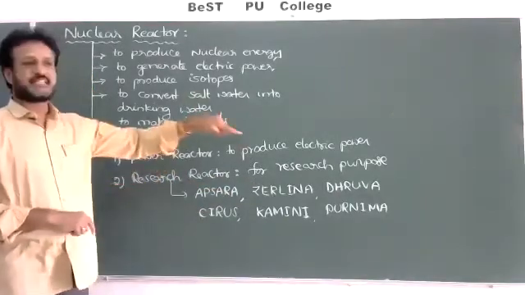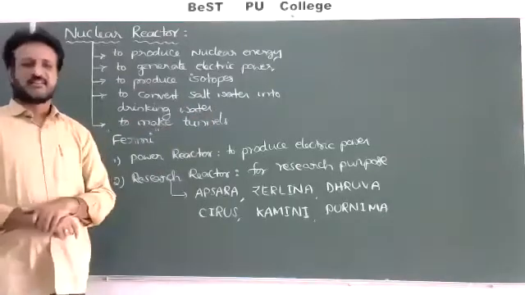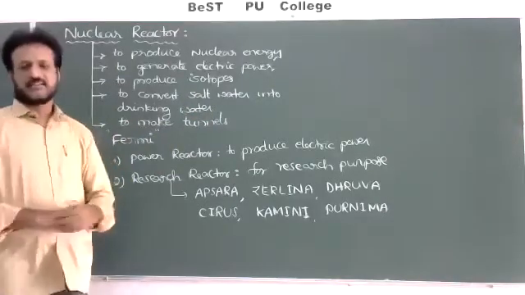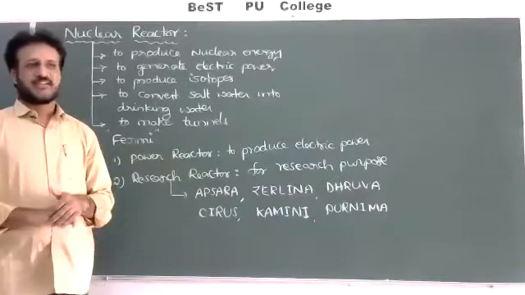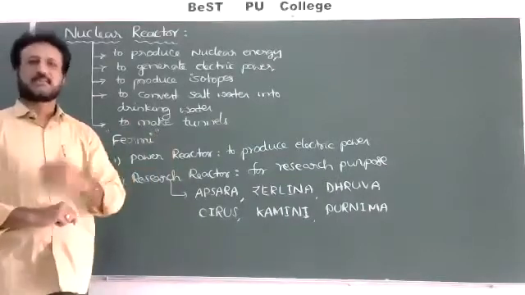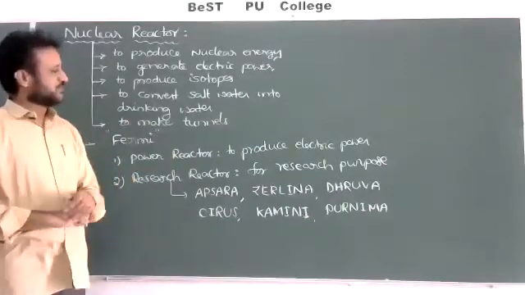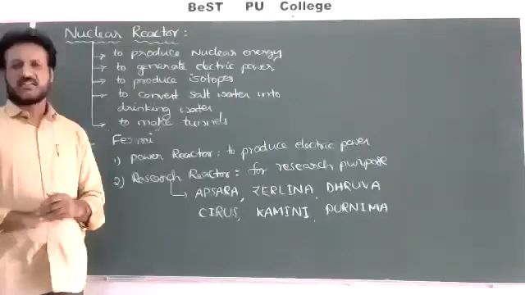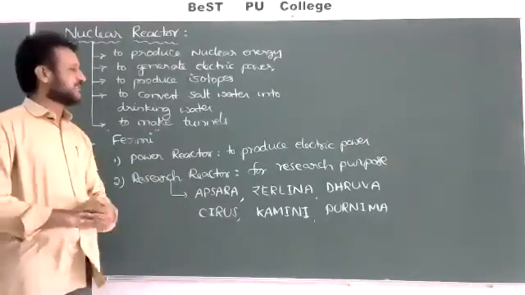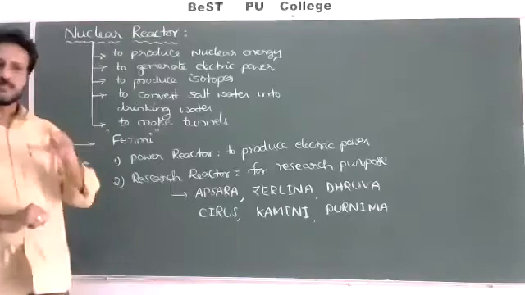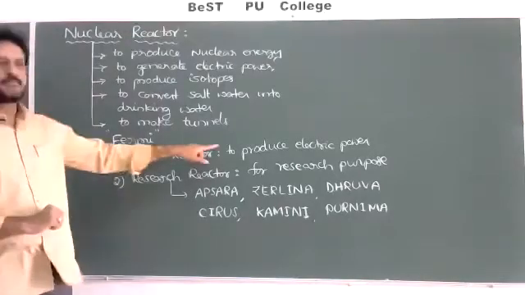Whenever a place is given, not the name of the reactor, like Karnataka Kaiga, Andhra Pradesh Srisailam, Tamil Nadu Kalpakam, Uttar Pradesh Narora, and Rajasthan Rana Pratap Sagar, this type of places given are examples of power reactors.